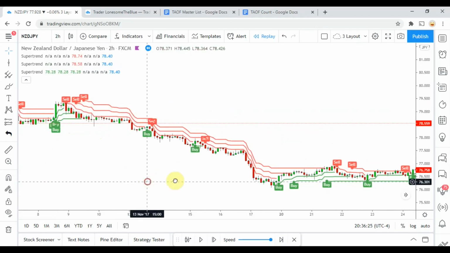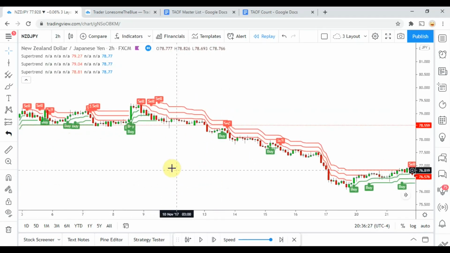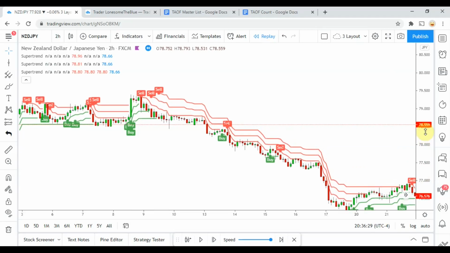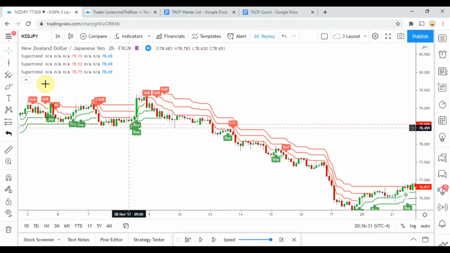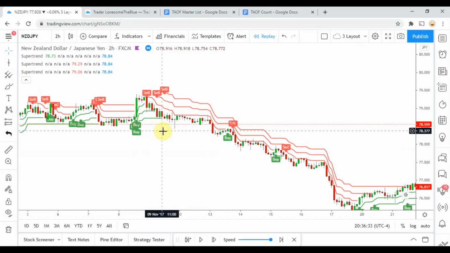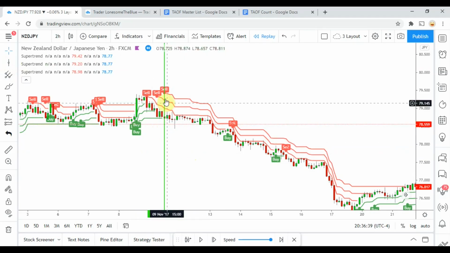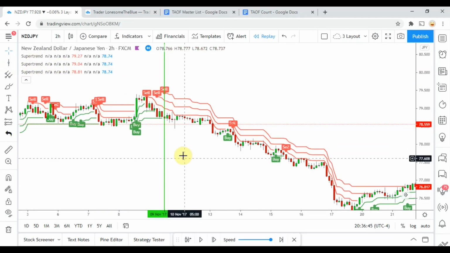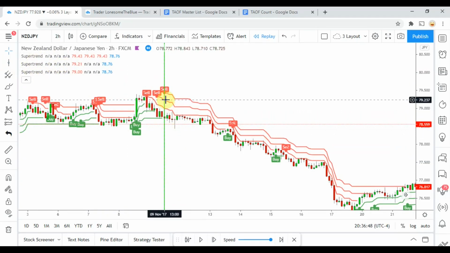And what we are looking for is all the super trends to line up at the same time. For example, if we are looking at this area right here, you can see that all three, if you look at these coordinates over here next to the super trend name, whenever I mouse over a particular candle, on this candle all three of the super trends were reading red.